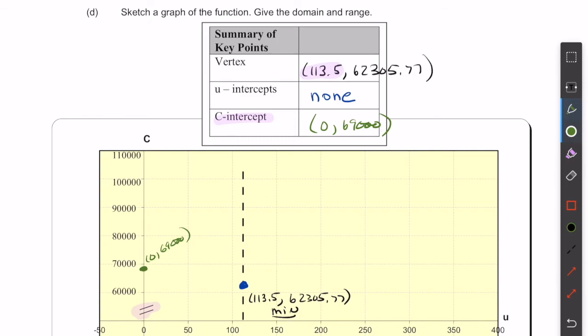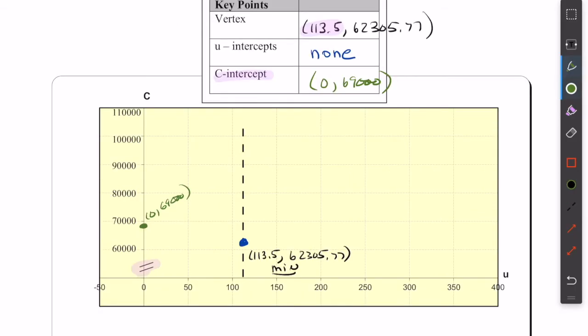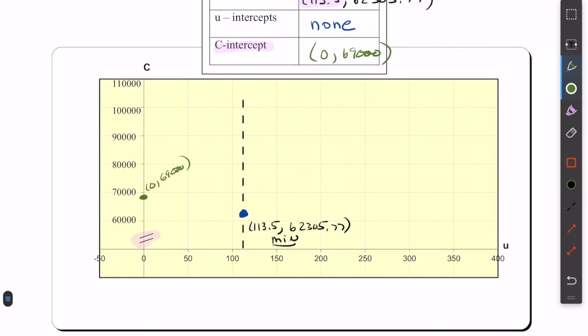Now, what I want to do here is I really would like to have a third point, but I don't want to plot a random point. So what I'm going to do is this line through the middle of the graph, through the vertex, is called the axis of symmetry for a reason. And that's because every point on the left has a mirror image the same number of units away on the right.